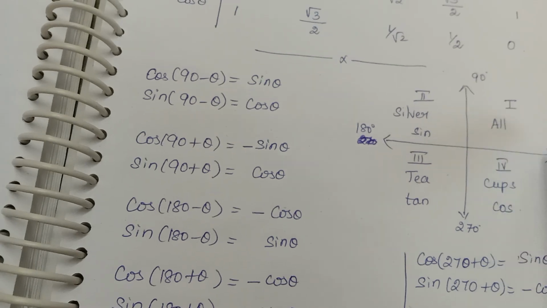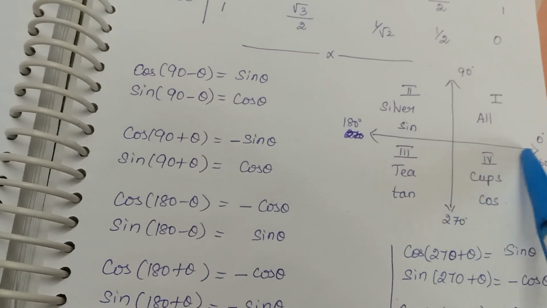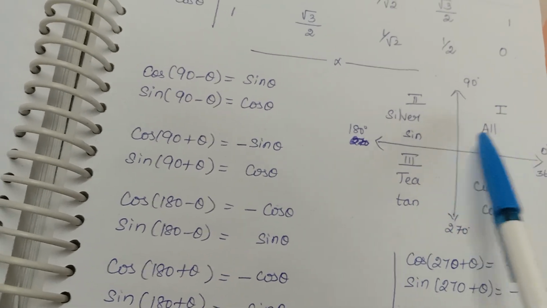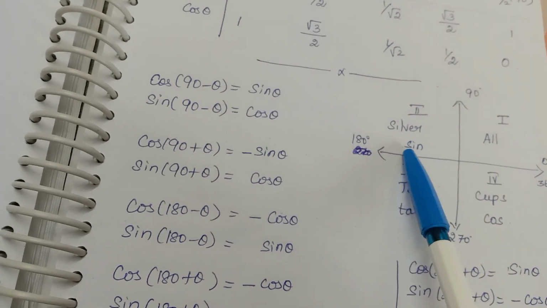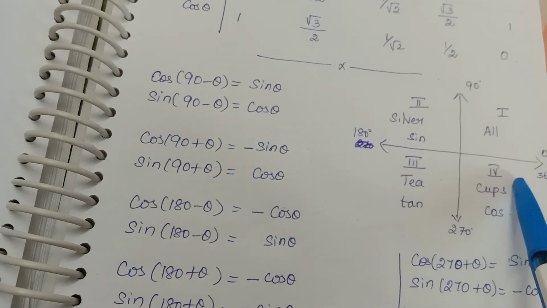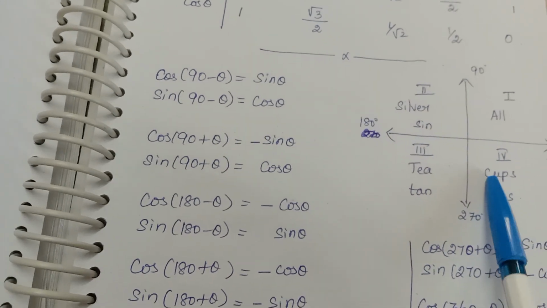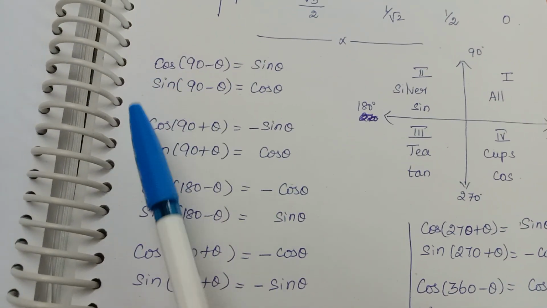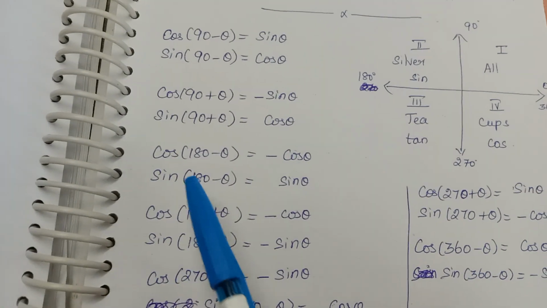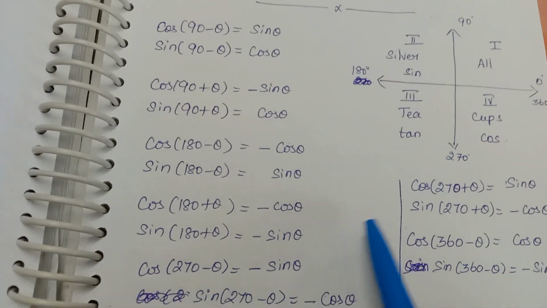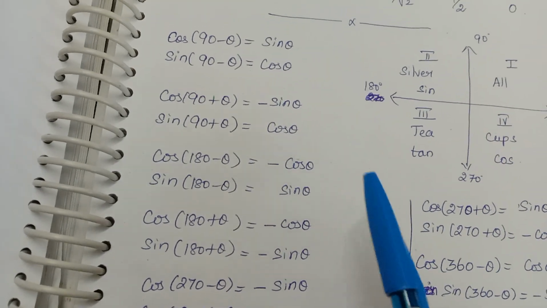And regarding the angle, here you take 0. This is angle 0 along the positive x-axis. Then here it is 90 degrees, this is 180 degrees, this is 270 degrees and this is 360 degrees. Let us see what happens for cos and sine of 90 plus or minus theta, 180 plus or minus theta, 270 plus or minus theta and 360 plus or minus theta.